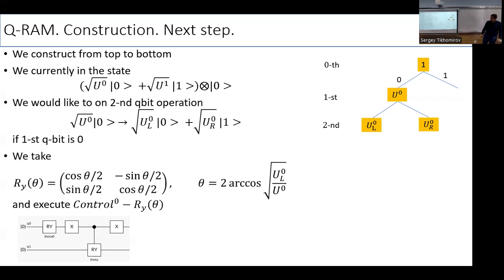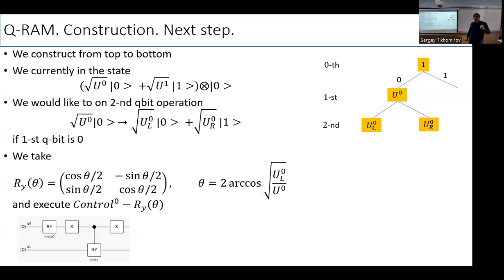There is a way to do this, with a similar idea. I apply an Ry gate with a similarly calculated angle. I consider UL0 divided by U0, take the square root of it, take arccosine, multiply by 2, and apply Ry with it, the same as on the first element.